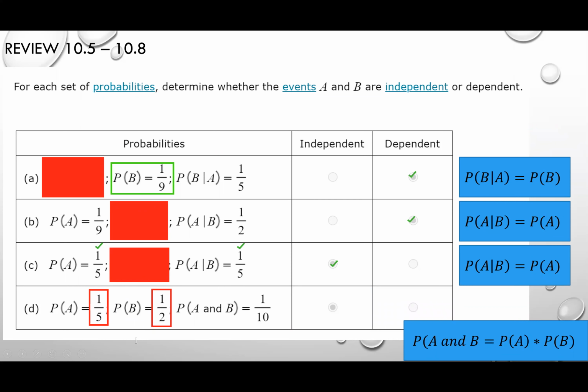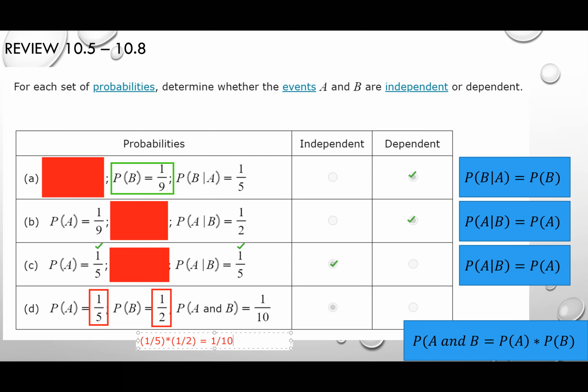This is what you need to type in your calculator: 1 divided by 5 multiplied by 1 divided by 2. And if you multiply that out, your calculator should give you 1/10. If it's not, you need a new calculator.